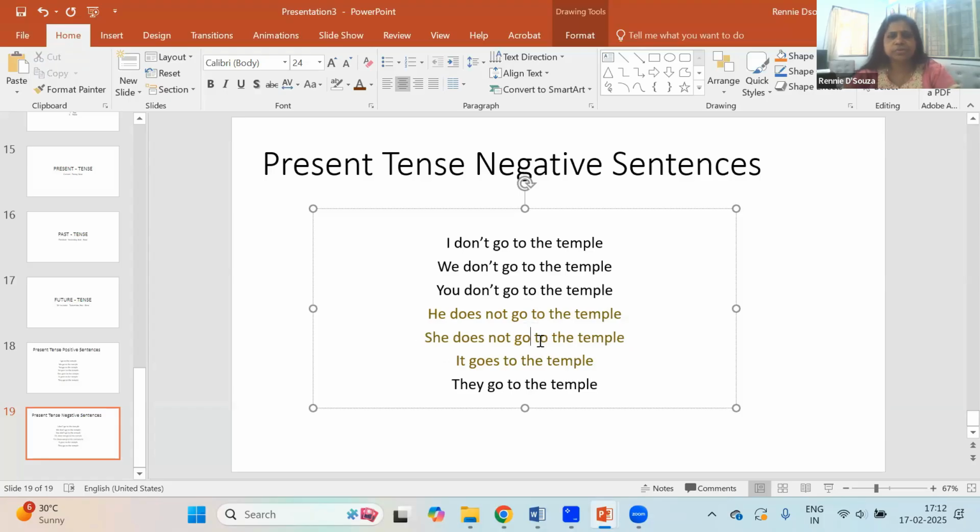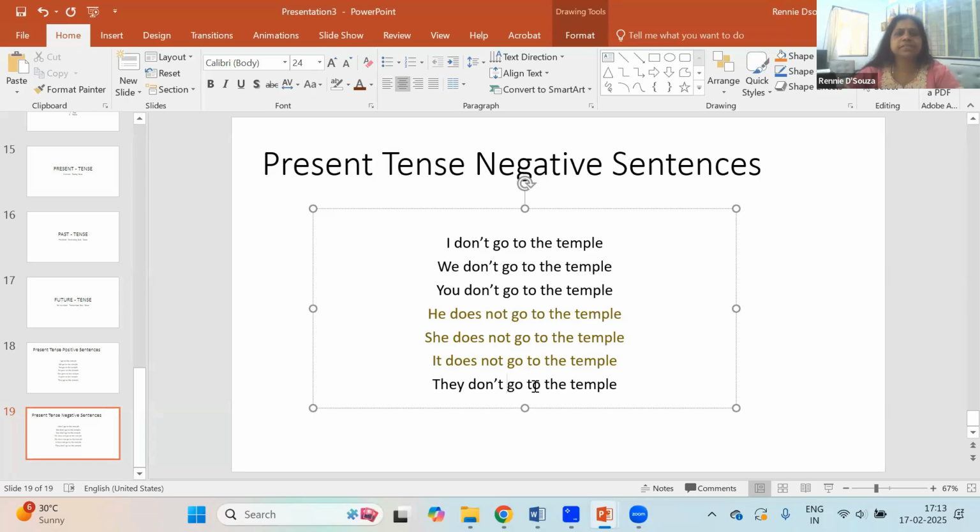And one more thing we can notice here: goes, the es will be removed, only go, because we are adding es to the do. She does not go to the temple. It does not go to the temple. So whenever es was added to the verb, we should remove that and add it to the do.